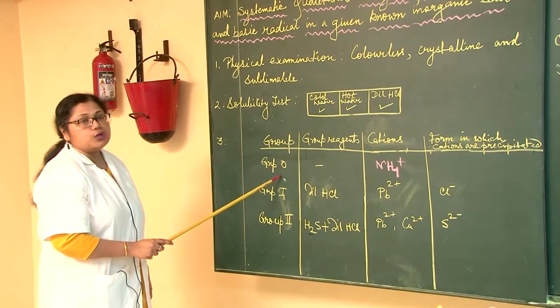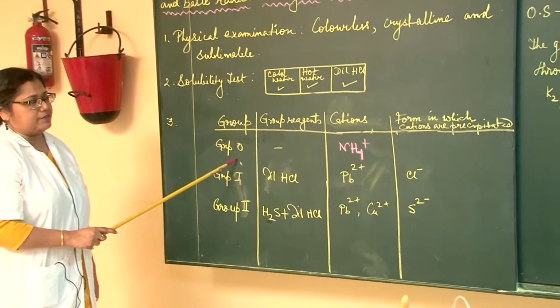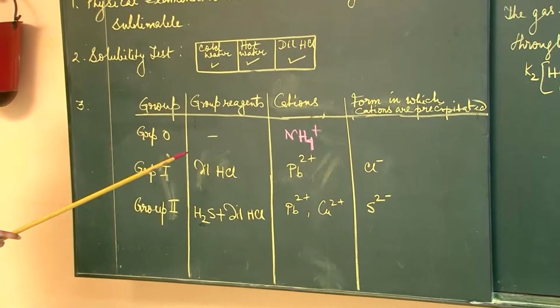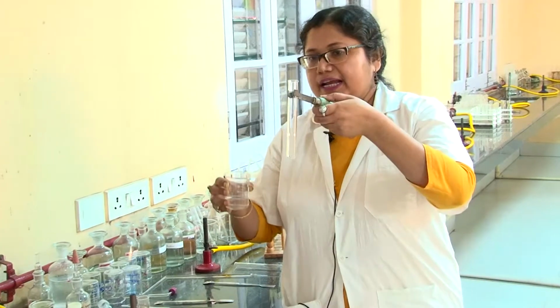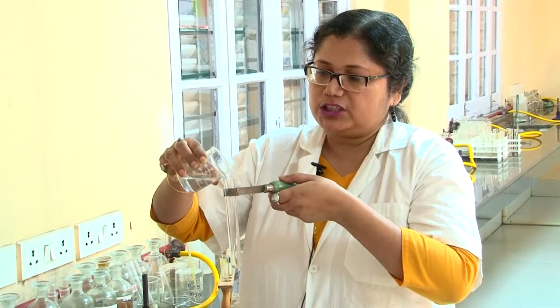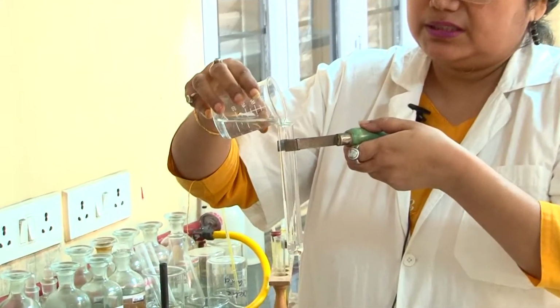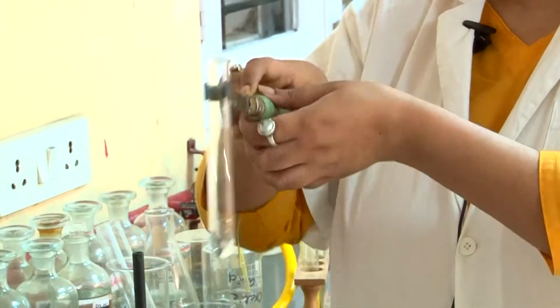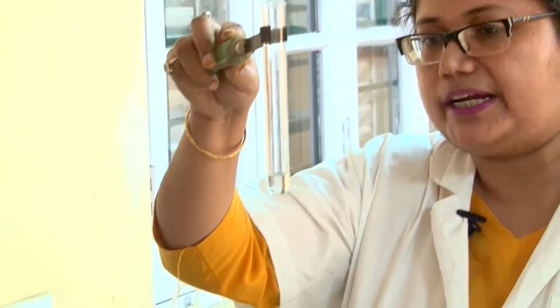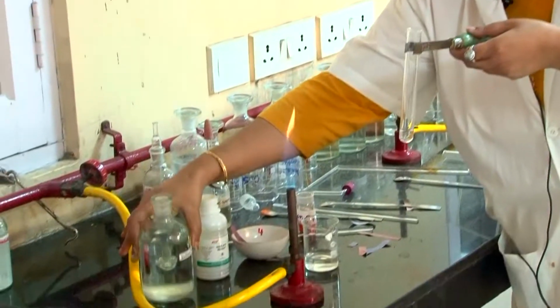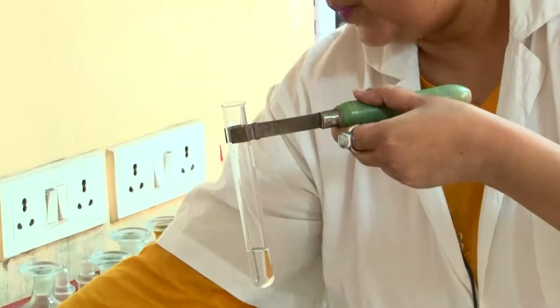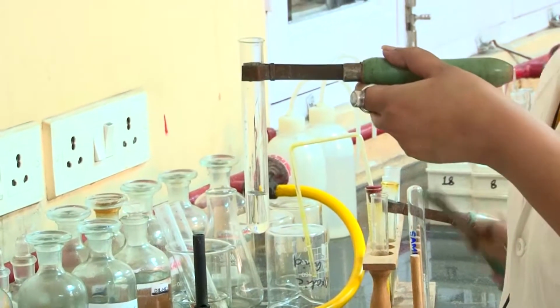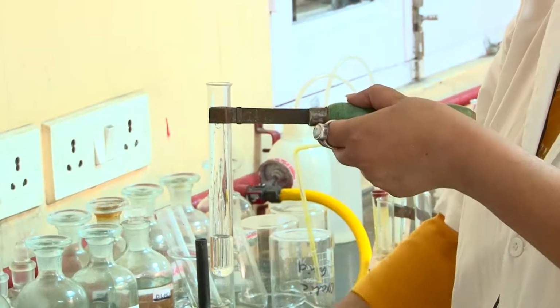Now, we are going to perform the confirmatory test of group 0, which is ammonium. To analyze group 0, I have taken a little quantity of the original salt solution in a clean dry hard glass test tube, and to it I will add sodium hydroxide solution, NaOH, and then I will start heating the reaction mixture.